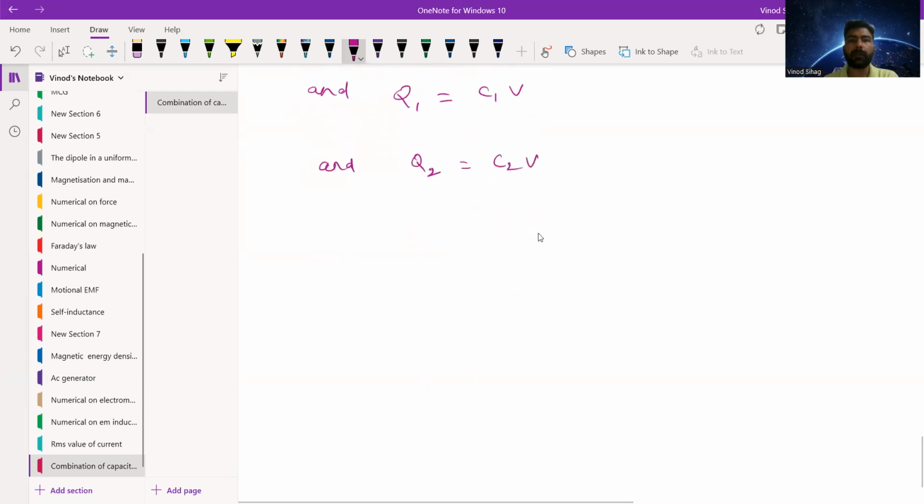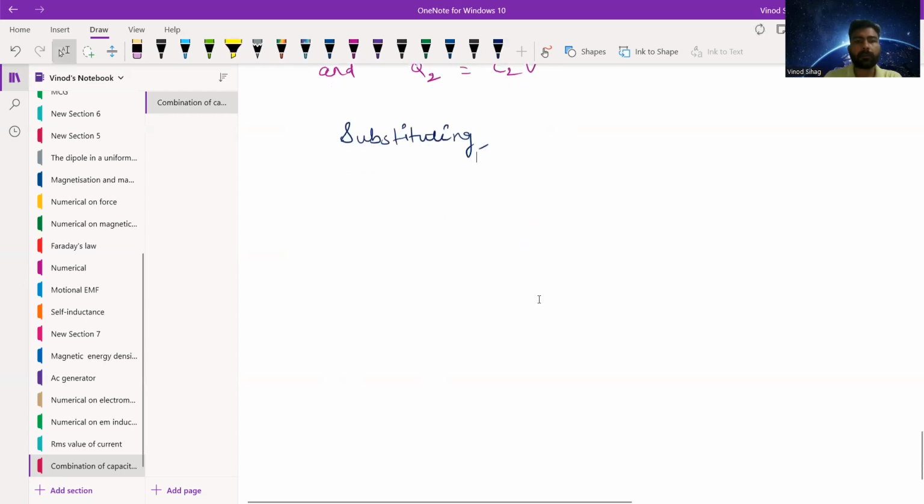So finally we will get C equivalent into V equals C1 into V plus C2 into V.